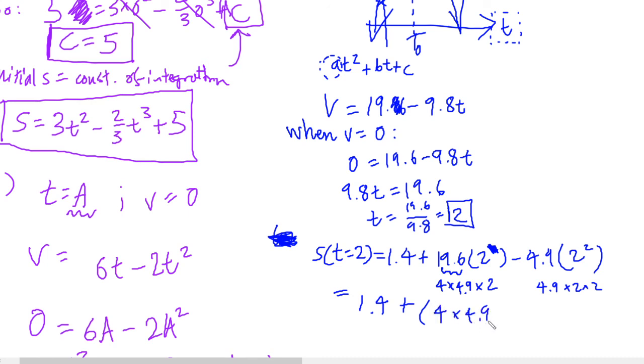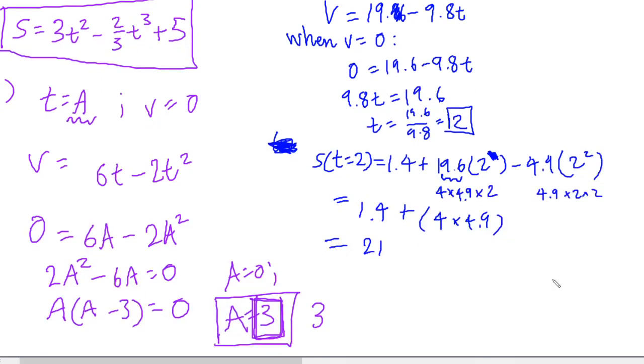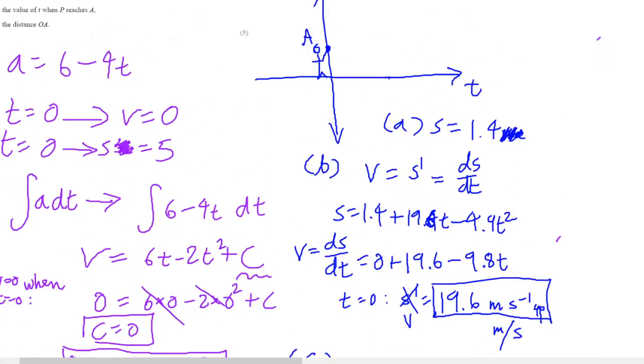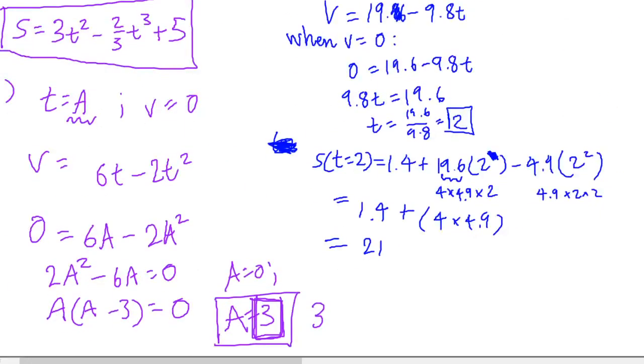Plus 4 times 4.9, or as we know, this is already 19.6 plus 1.4, which leads us to a maximum height of 21 meters, which is the same as if you use the calculator. That's the displacement when time is equal to 2 seconds from the start. Does it ask us for s of displacement? Nope, we just need to find the greatest height of the stone above the ground. So it's a height, not a value of s that's already in meters. So we're just going to write 21 meters above the ground.